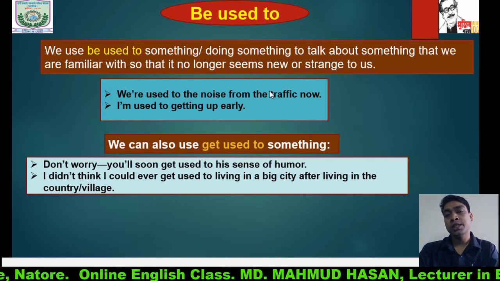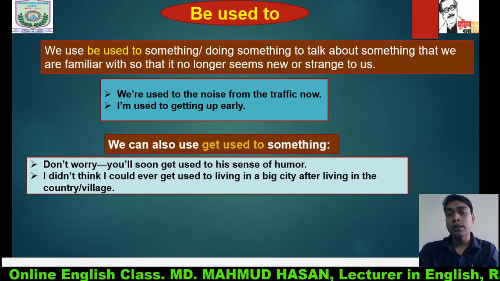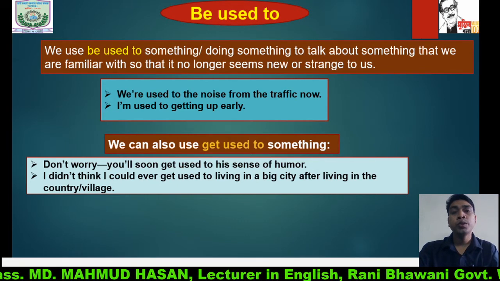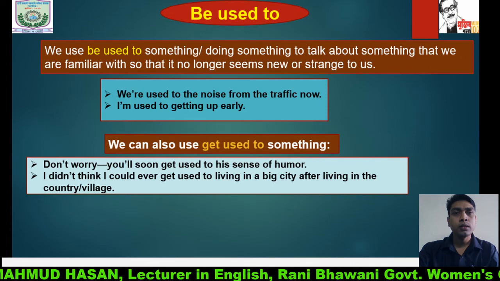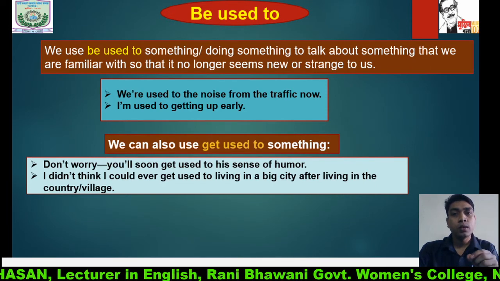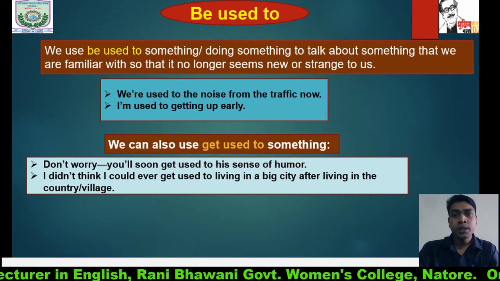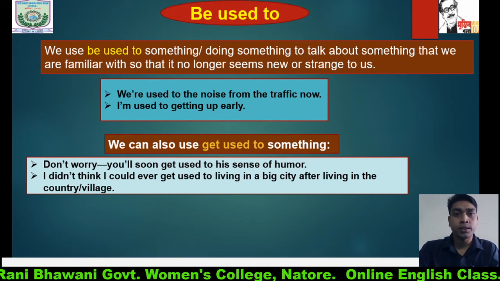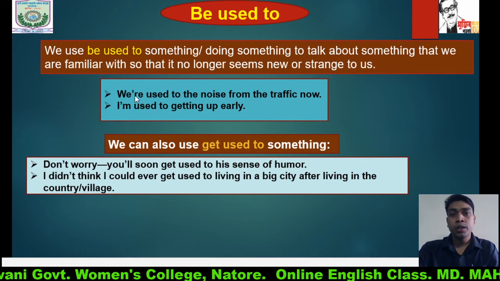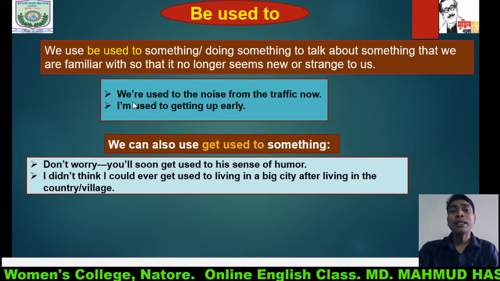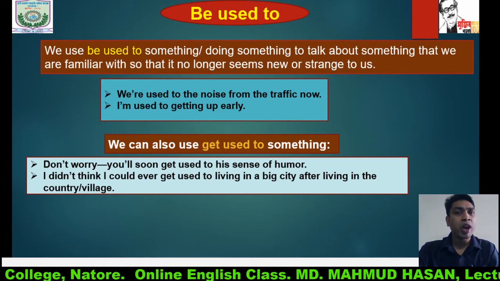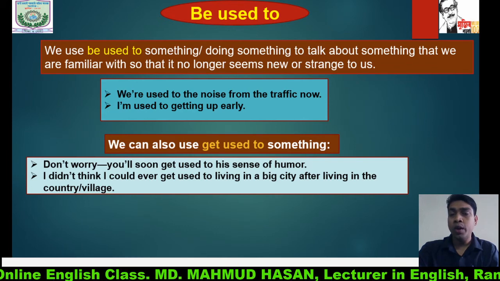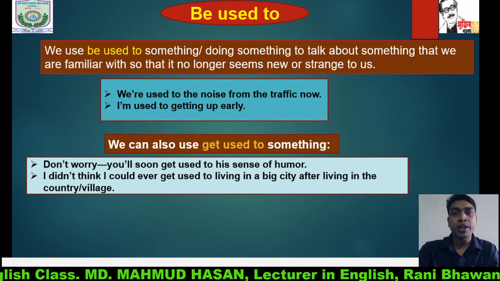For a present habit, we actually use be used to, and regarding the thing, it doesn't seem new or strange to us. Here are two examples. We are used to the noise from the traffic now.